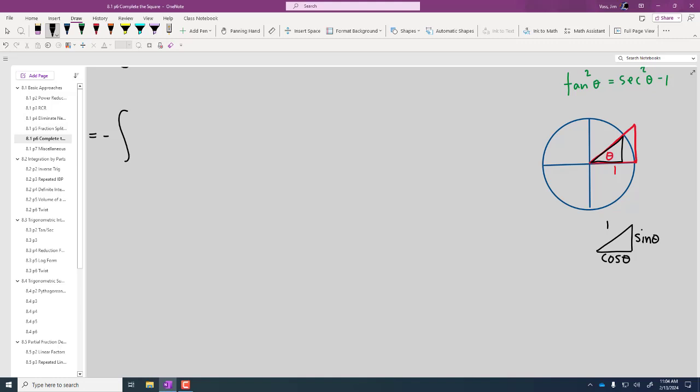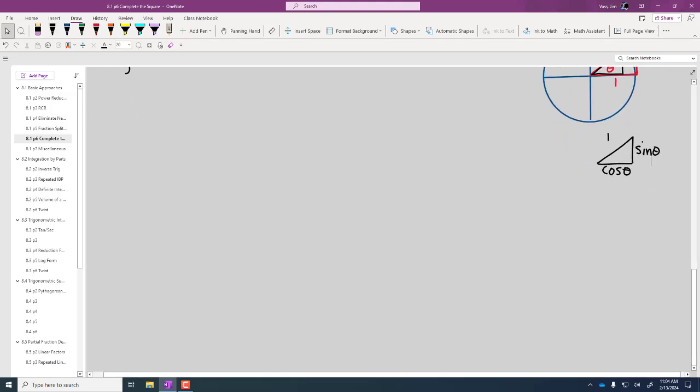So now we look at the red triangle, and the red triangle has to have that same exact setup. The red triangle has a base of 1, and the rise over the run has to be tangent, but if the run is 1, what does the rise have to be? Sine over cosine. Tangent. It has to be tangent.